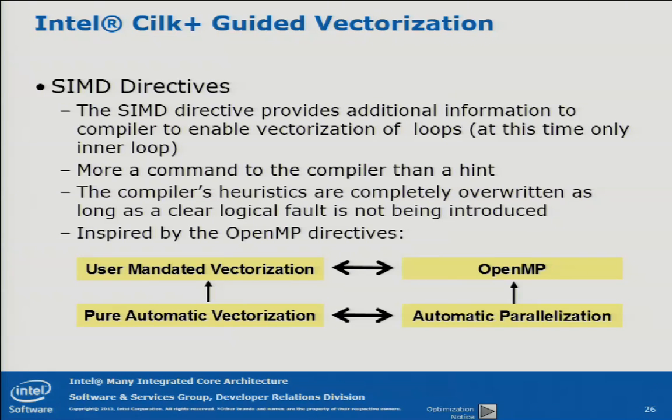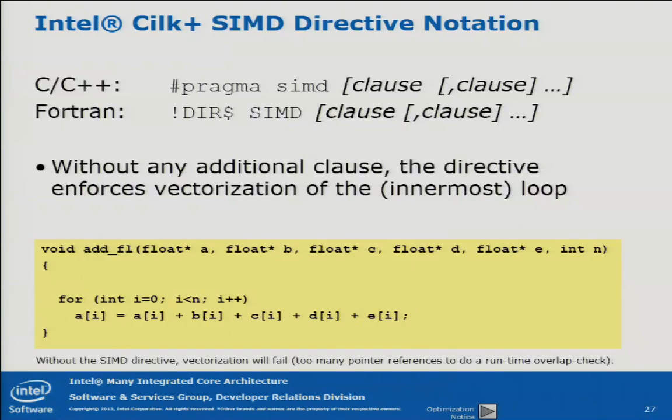The relation of automatic parallelization to OpenMP is like pure automatic vectorization to user-mandated vectorization. So basically, we use the same idea of OpenMP to specify how to parallelize in the SIMD space, where we provide pragmas to tell the compiler how to vectorize the code.